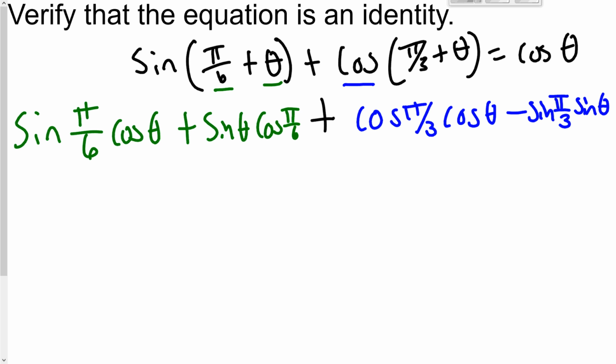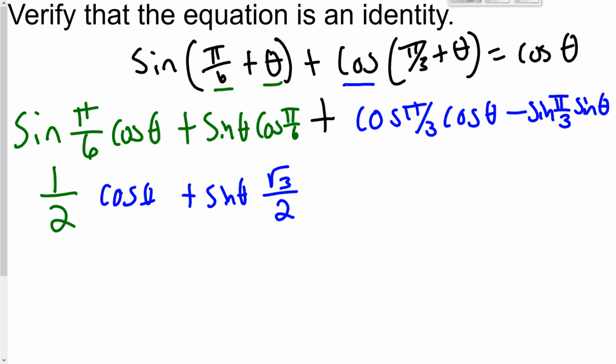Okay, so then we can figure these out. Sine of pi over 6, that's a 30-degree angle, so that's 1/2. That means that cosine of pi over 6 right here is √3/2. And then we still have cosine of theta plus sine of theta.